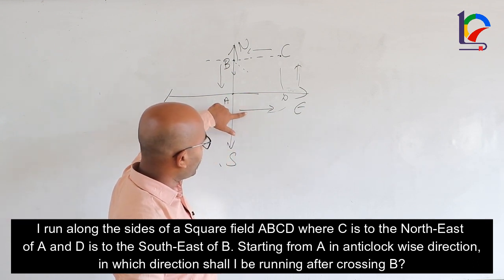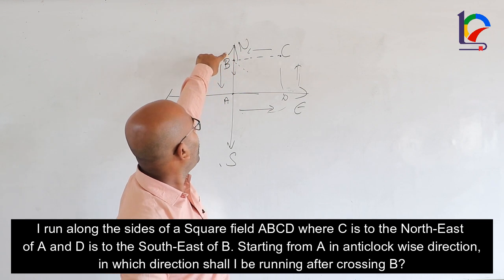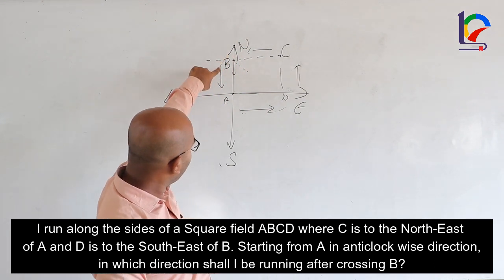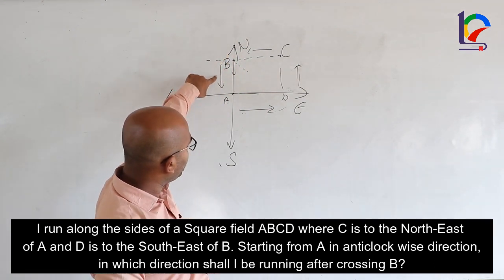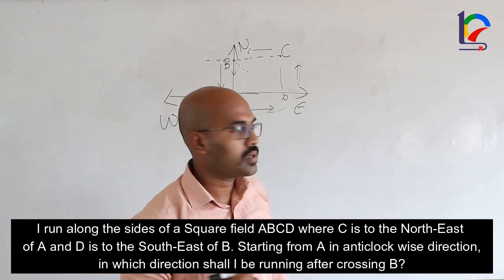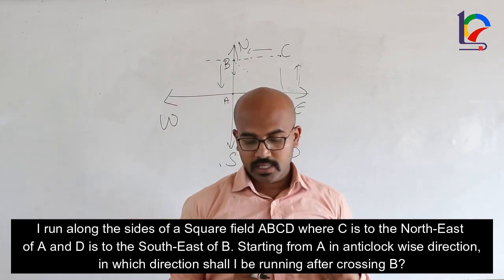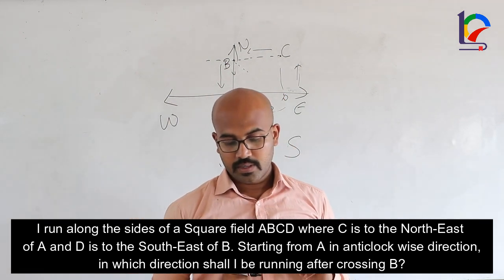So I start from A, I run in this direction, in the anti-clockwise direction. After crossing B, I will be running towards south.